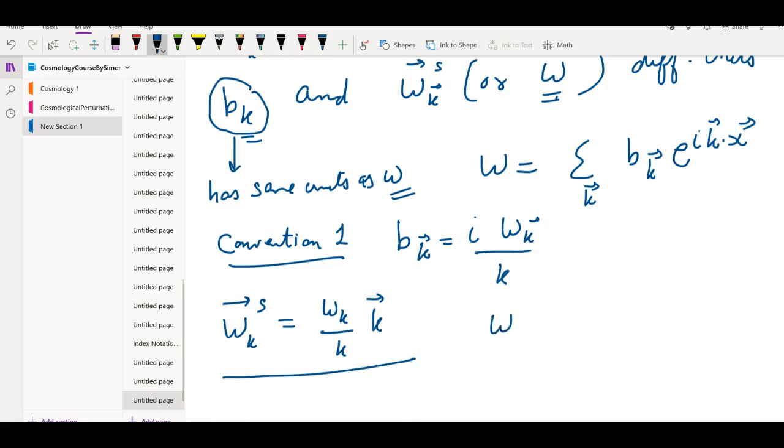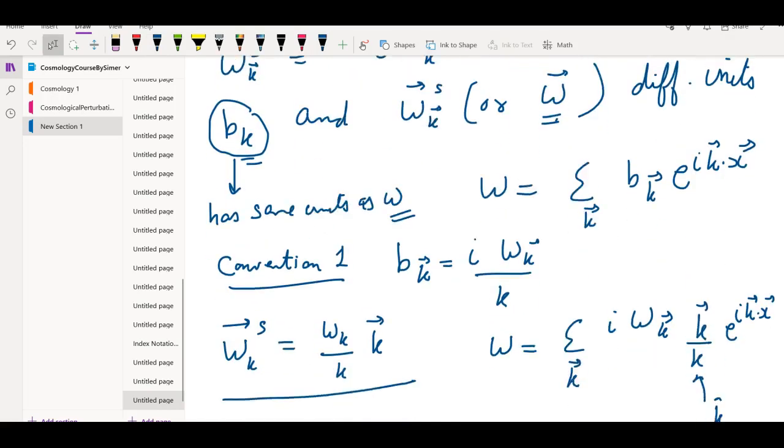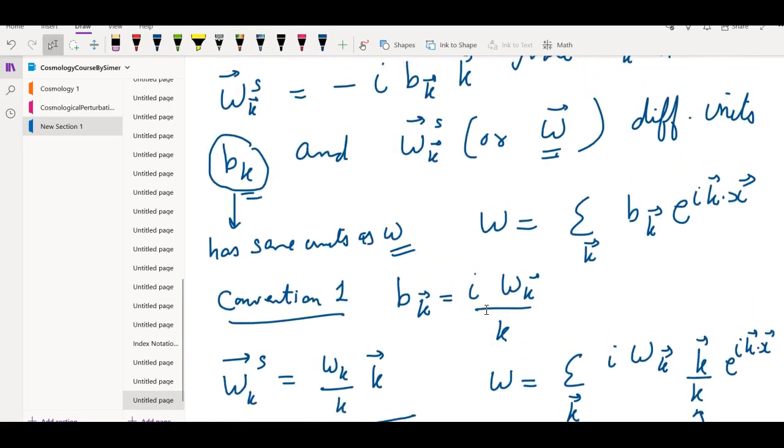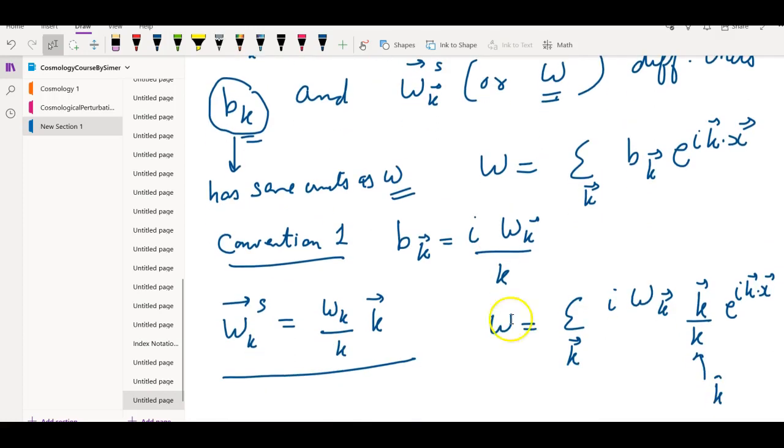And what is the potential w? Its Fourier expansion will now be, instead of BK, I have this. So this is unit vector k. I think this iota should not be there.